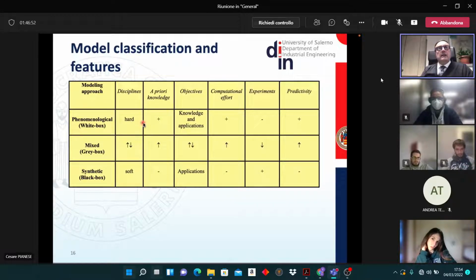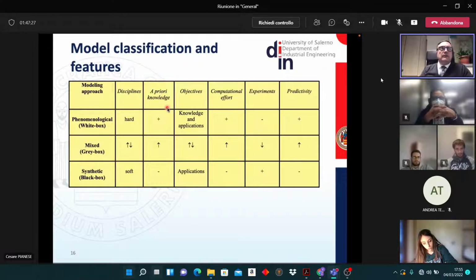So we have hard disciplines and soft disciplines. Because for phenomenological models, we introduce ordinary or partial differential equations, complex techniques, whereas for synthetic black box models, soft disciplines or experimental data, and mixed are in the intermediate position.